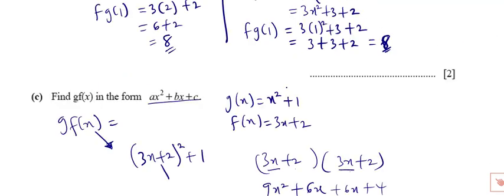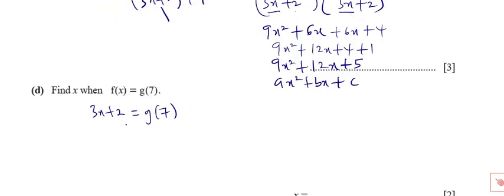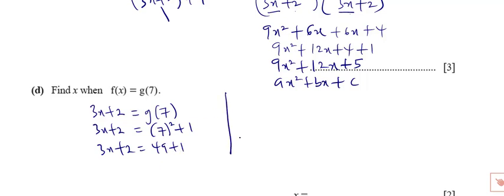Our g of x is x squared plus 1. So this will be 3x plus 2 equals 7 squared plus 1. That is 3x plus 2 equals 49 plus 1. That gives us 50. So we have 3x plus 2 equals 50.